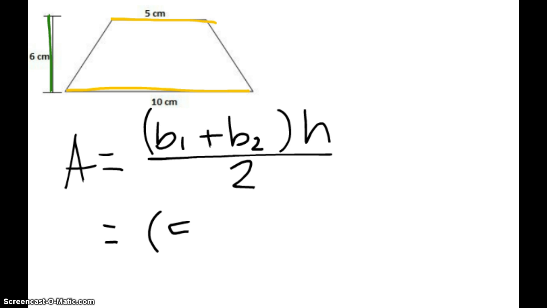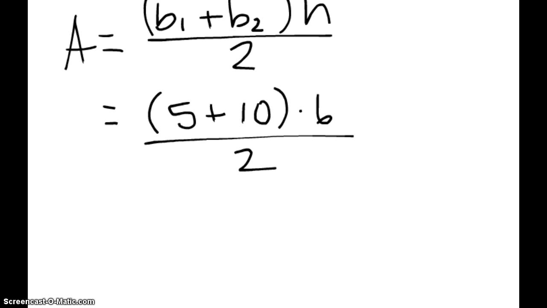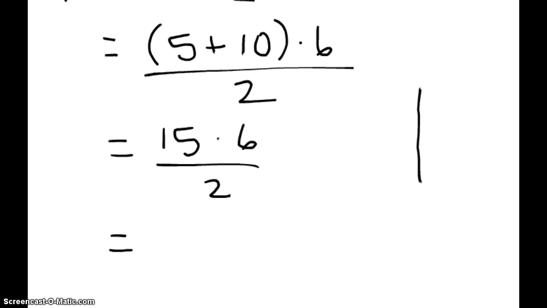So now all we're going to do is practice plugging that into our formula. So base 1, 5, plus base 2, which is 10, times our height, which is 6, all divided by 2. All right, so then we have 5 plus 10 is 15 times 6, all divided by 2. So now 15 times 6 is 90 divided by 2.